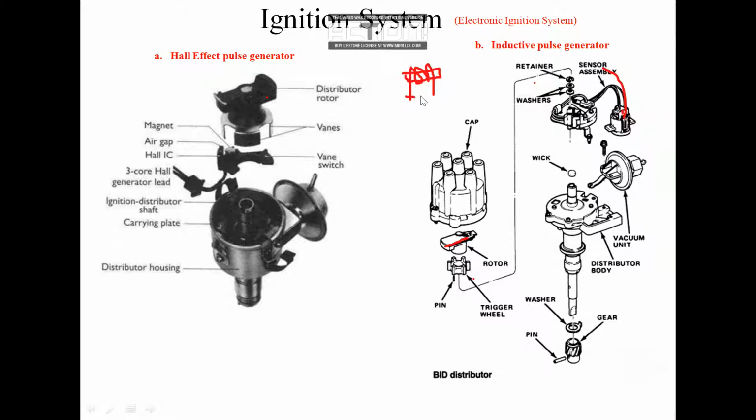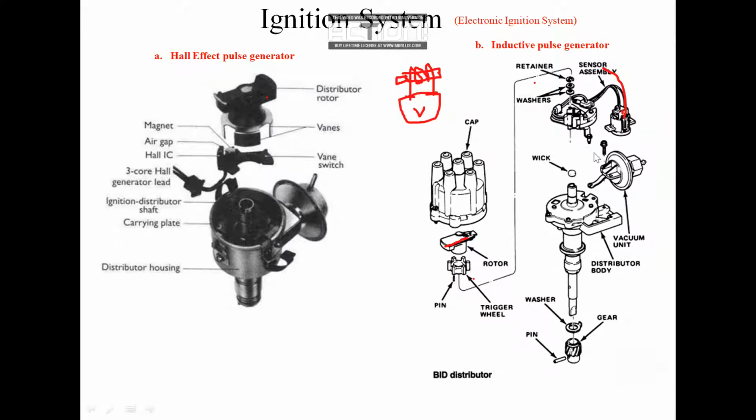This is a permanent magnet. In front of it there is a sensing element, and around the permanent magnet the winding is wound, and this is your voltmeter, which is present directly inside the ECU.